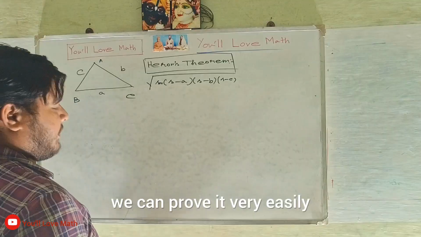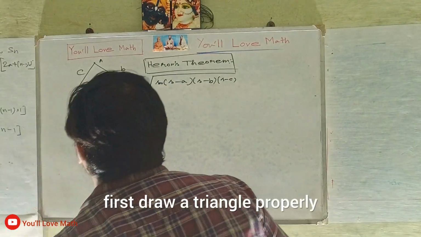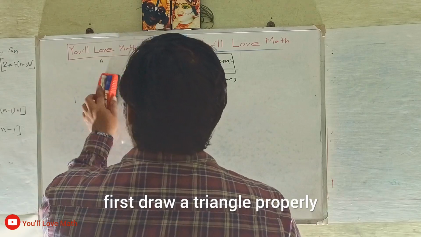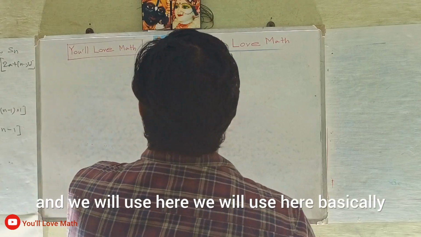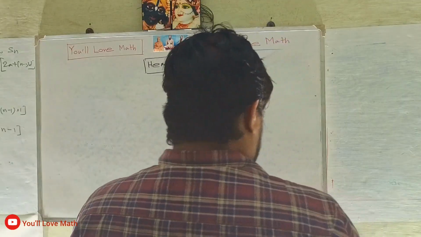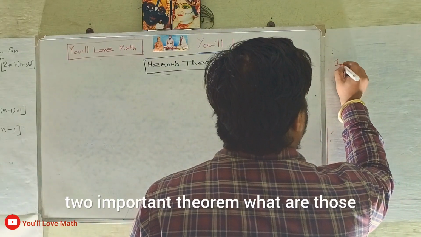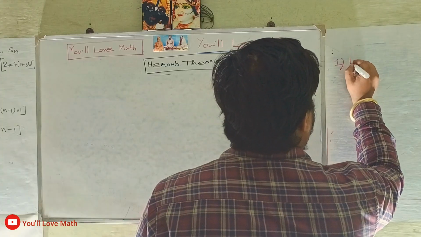We can prove it very easily. So first, draw a triangle properly, and we will use basically two important theorems. What are those?